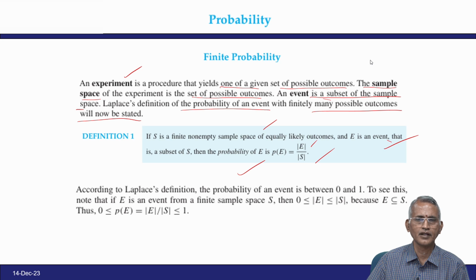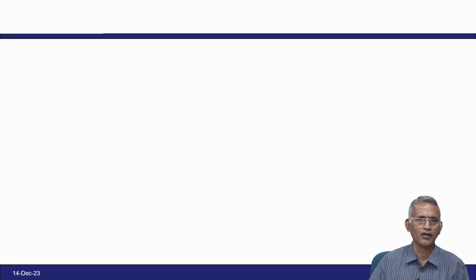Therefore, E is always a subset of S. Thus, 0 is less than or equal to P of E, which is equal to cardinality of E by cardinality of S, which is less than or equal to 1. So, this is a noteworthy point to understand the probability of an event.